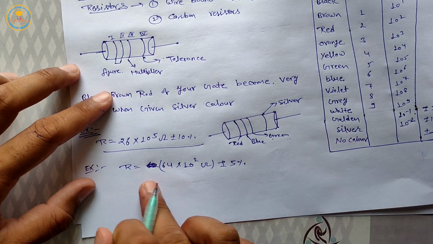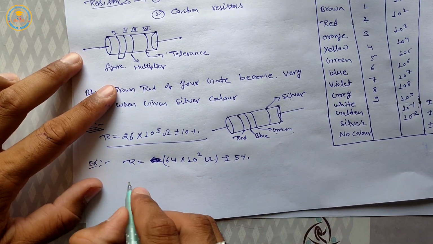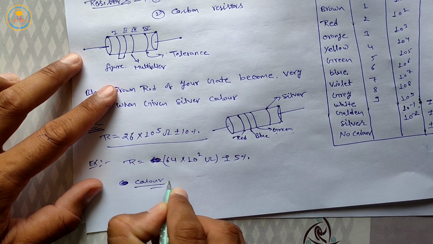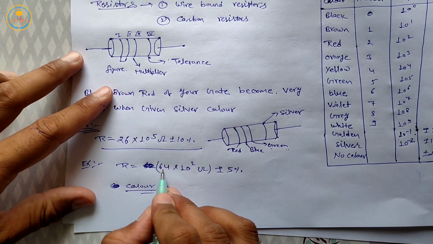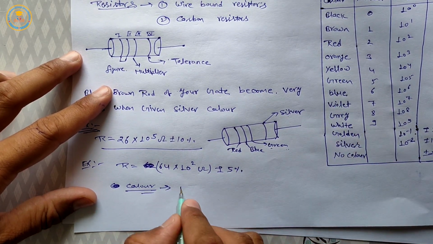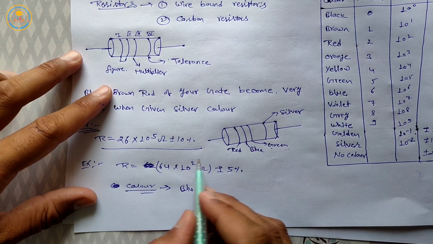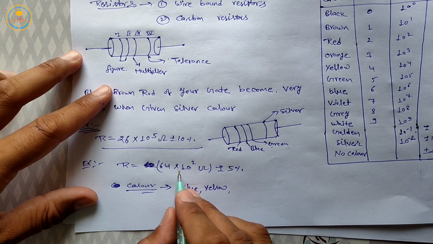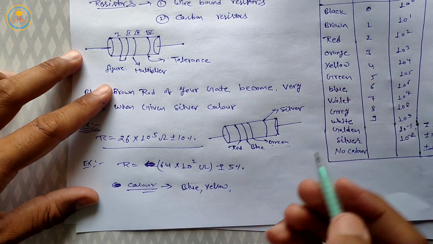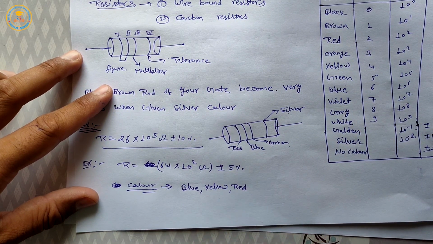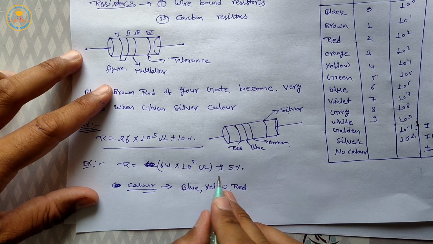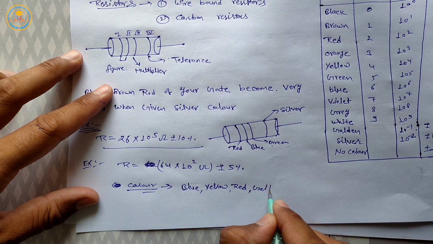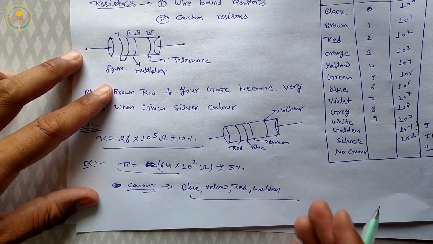Then write the color code in order. So the colors: first, the digit 6 represents the color blue, so first is blue. Second, 4 represents yellow, and third, multiply by 10 to the power 2, this is red. Okay, and next plus minus 5%, this tolerance is for golden color, so this is golden. This is the answer for this question.